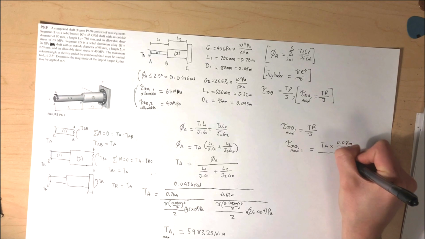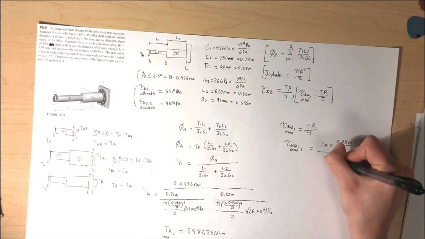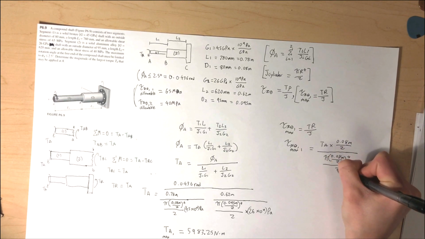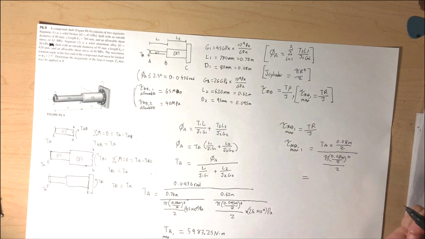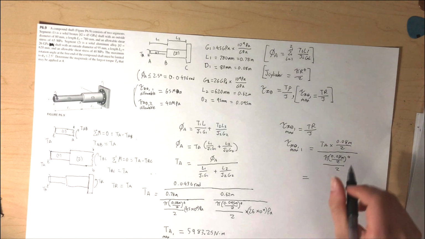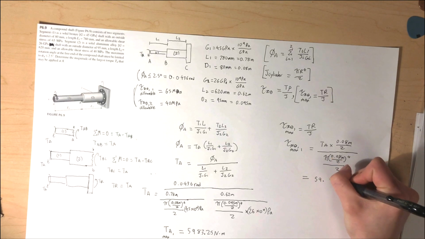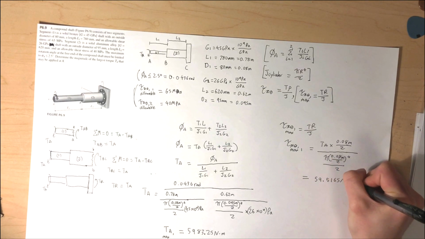And then all of this over J, which is pi 0.08 meters over 2 to the 4th over 2. This should add up to 59.5165 megapascals.